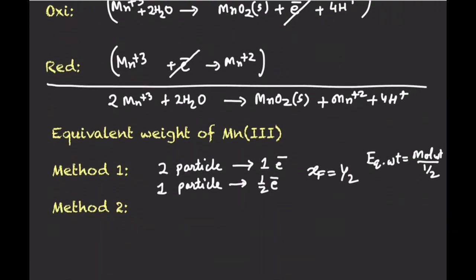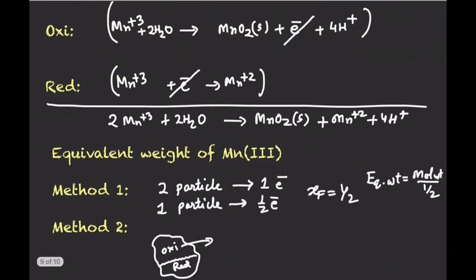By the second method we can find it out. We'll calculate the equivalent weight of manganese plus 3 ion in the oxidation and reduction parts. In the oxidation part, manganese is moving from plus 3 to plus 4, so 1 electron. So the equivalent weight in the oxidation part is equal to molecular weight divided by X factor. X factor is 1.